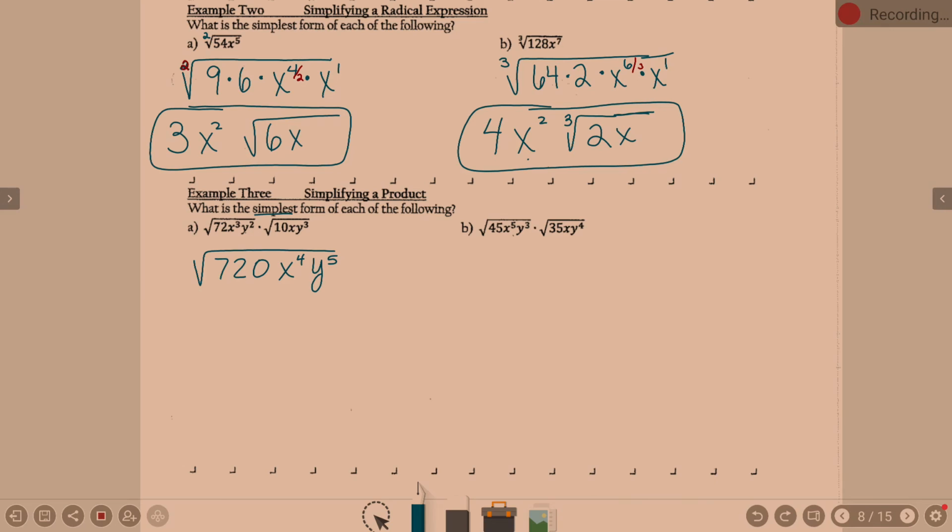Okay, 720 didn't work. Here's what I do, and you can tweak this: I start with my biggest number. Does 720 divide by 400? Nope, I got a decimal. Does 720 divide by 361? Nope, a decimal.